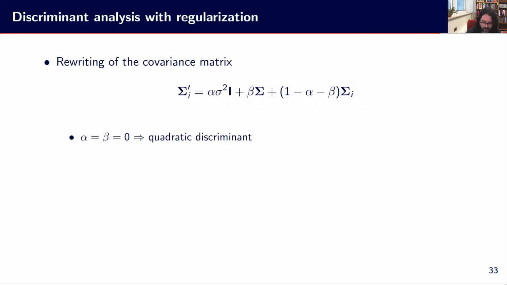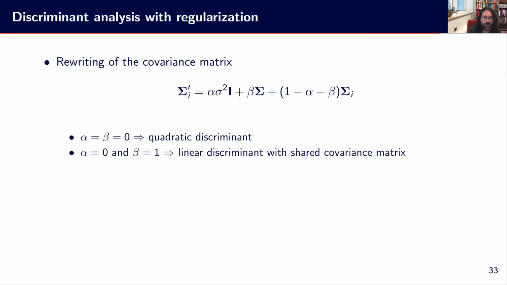So if alpha is equal to beta is equal to 0, we have a quadratic discriminant here. This is the case where we just get rid of the other terms, and they are equal to 0. So we are using directly the individual, distinct covariance matrix per class.